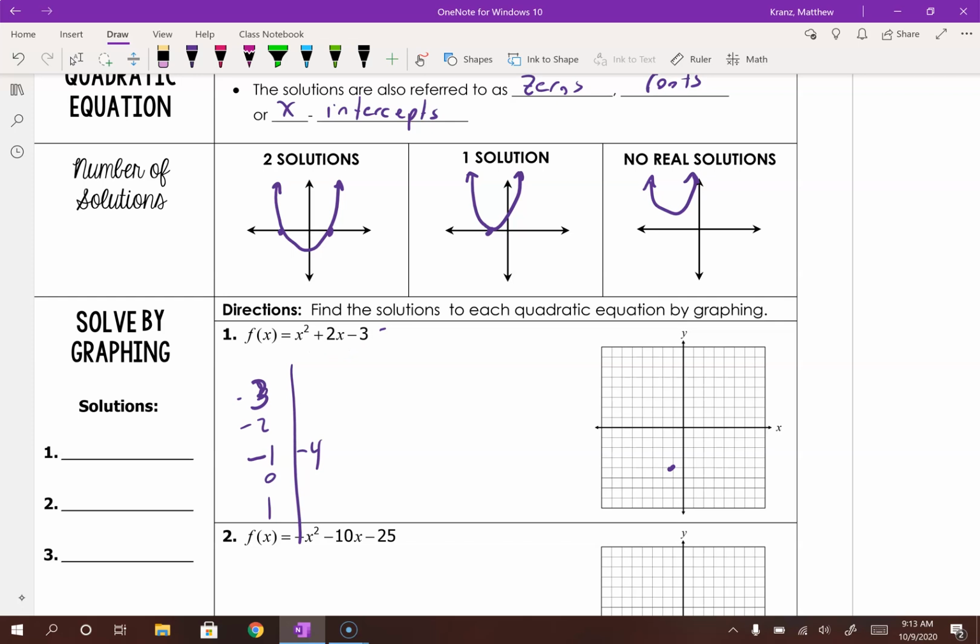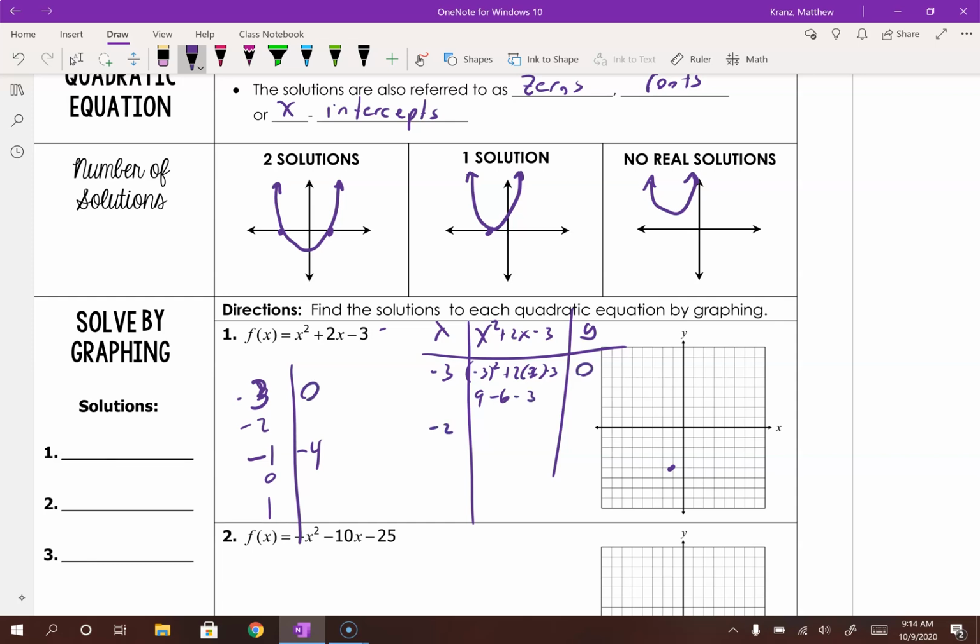Let me put it in a table so we can just do it normally. X squared plus 2x minus 3. Sometimes you just need to write it out because sometimes in your head it just doesn't work. So negative 3 squared plus 2 times negative 3 minus 3. Negative 3 squared is 9. 9 minus 6 is 3. And 3 minus 3 is 0. So that can be a 0.